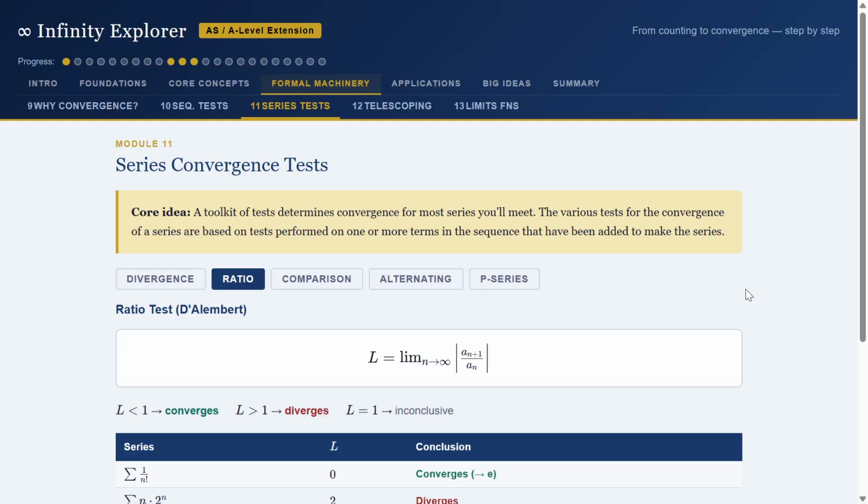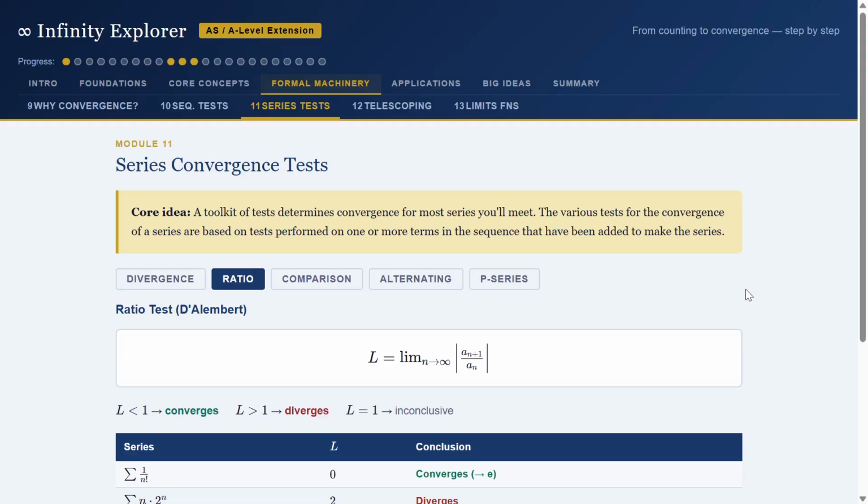If that limit is less than 1, then the series will converge. If the limit is greater than 1, then the series will diverge. And that makes sense because the terms are getting bigger.